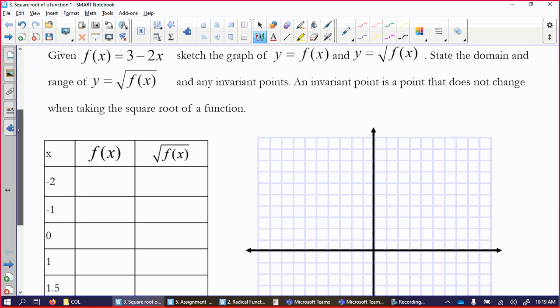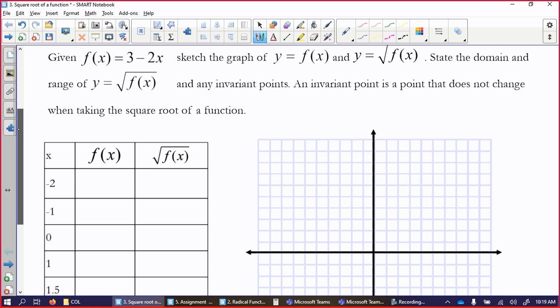So if we have f of x equals 3 minus 2x, we can plot this. We can look at a whole bunch of things.